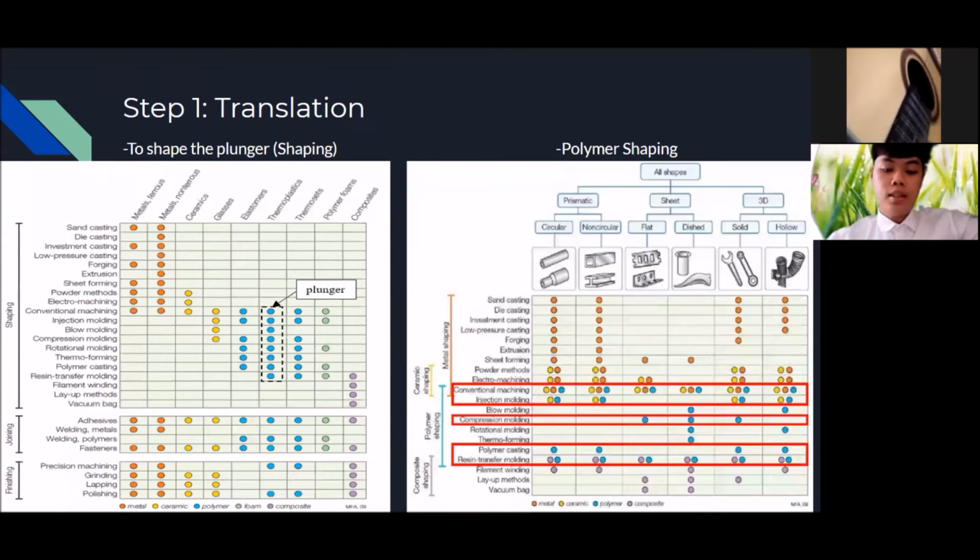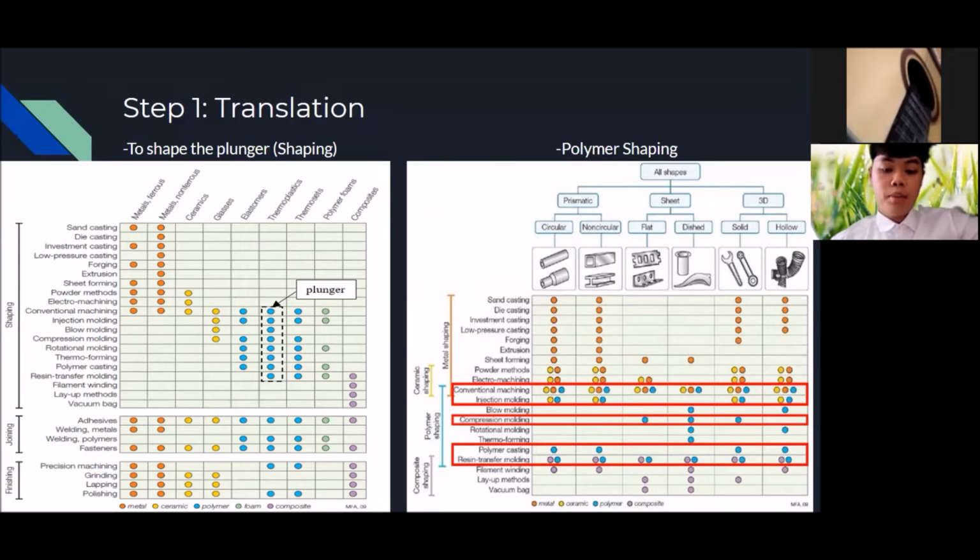Next slide is based on the left-hand side figure. Our objective is shaping, so we need to look at shaping, and the plunger material is under thermoplastic, so we can easily identify the related processes, which have 8 types such as conventional machining, injection molding, and etc. For the right-hand side figure, we know that the plunger is under shaping and the material is categorized as polymer.